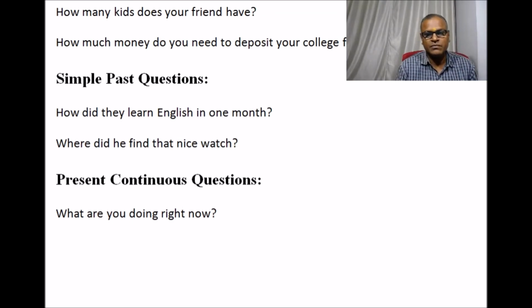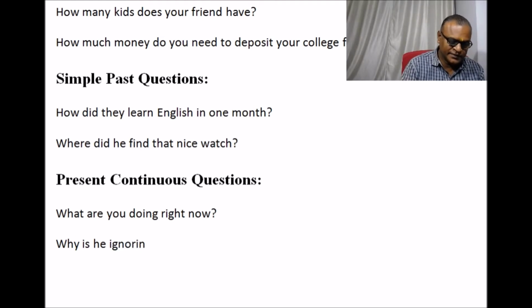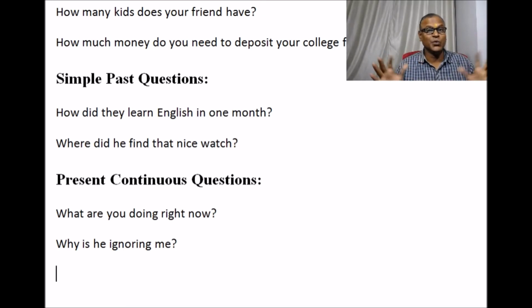Now why is he ignoring me? Now see, why is the question word, is is the auxiliary verb, he is the subject, and ignoring is the verb. We use the ing form in present continuous, so you can make it like that.